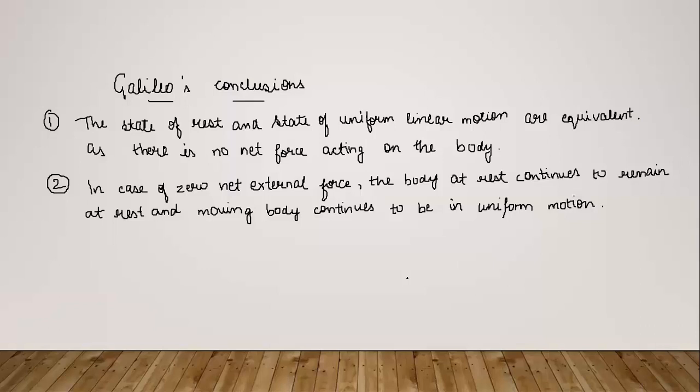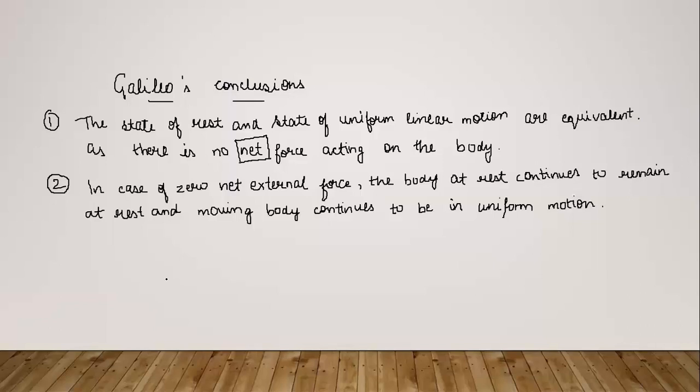So this word net is very important here. Let me first explain what net force actually means. When we were studying vectors and the resultant, we used the triangle law for calculating the resultant vector. Here also, force is a vector quantity, because it also has a direction involved. If we are pulling a wall, applying some force on that wall, that force will have a direction.